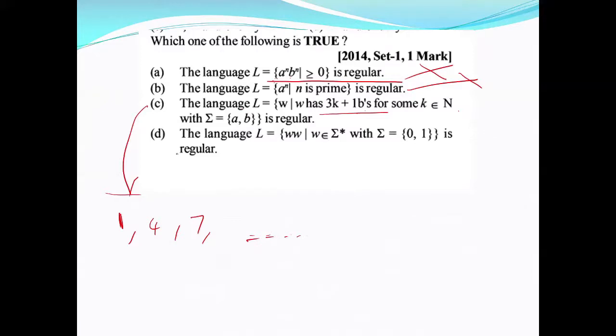This is regular. And this is not regular because you have to remember this W followed by comparison of that W with this, and there is no restriction on this W. So you need to remember an infinite number of A's and B's or an infinite number of zeros and ones, and hence this is not regular. So what is regular? This is true. This is regular. All the remaining things are not regular and hence they are false.